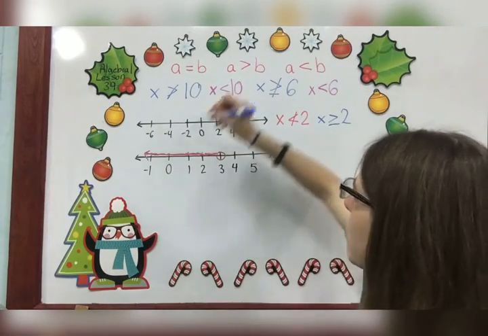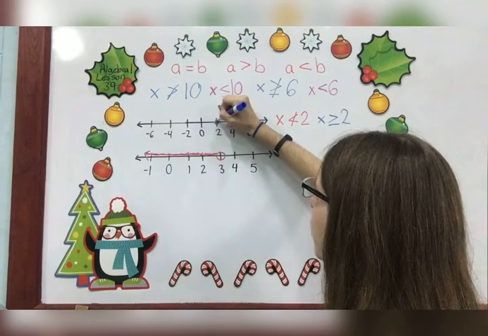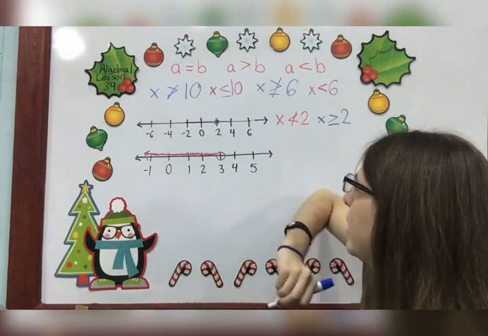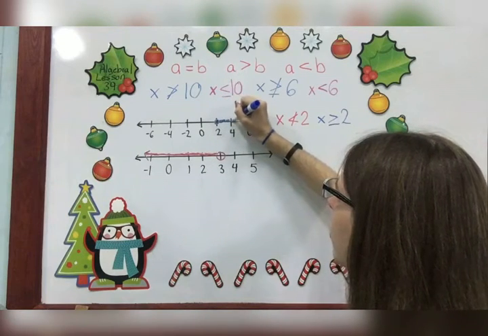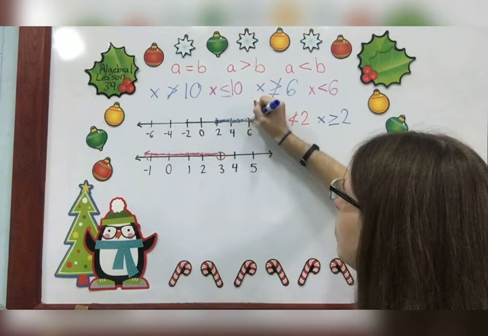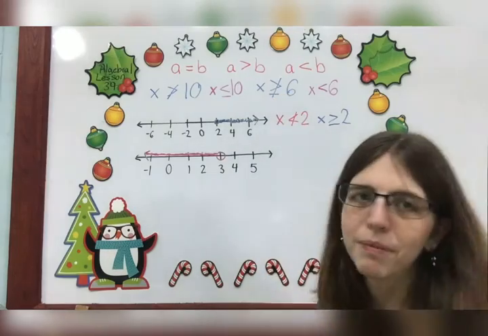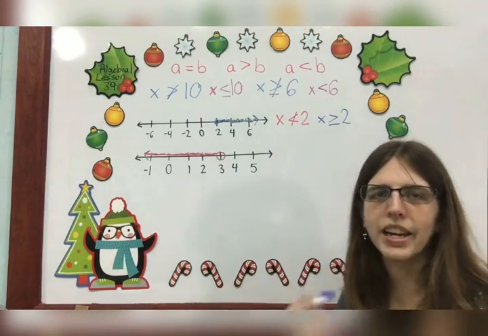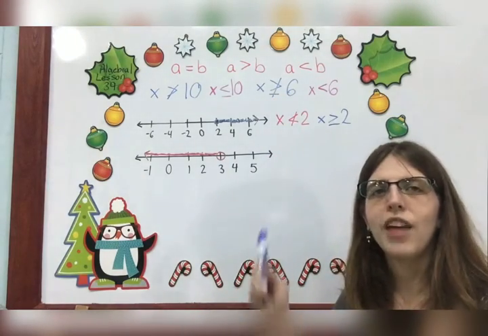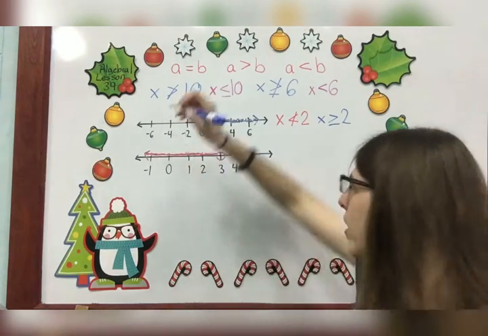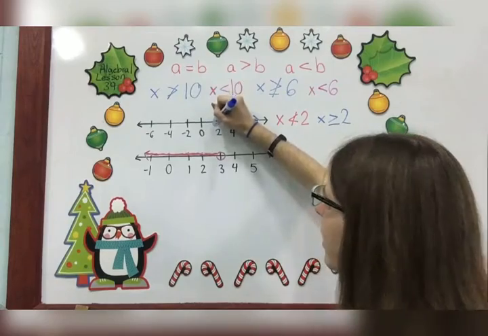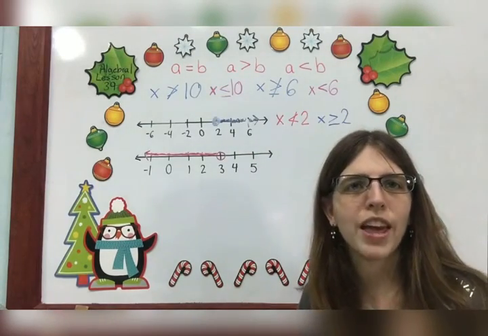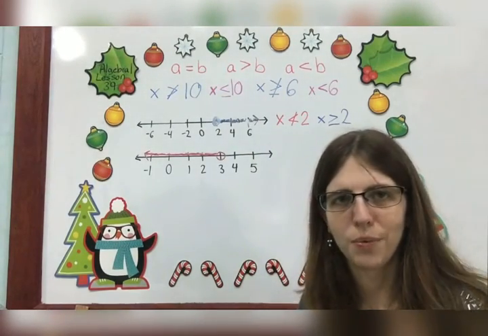To graph that, I come over to my 2, and I put a closed circle because 2 is included. And since x has to be greater than, I go towards the right, towards the bigger numbers. So that shows that x is greater than or equal to 2.